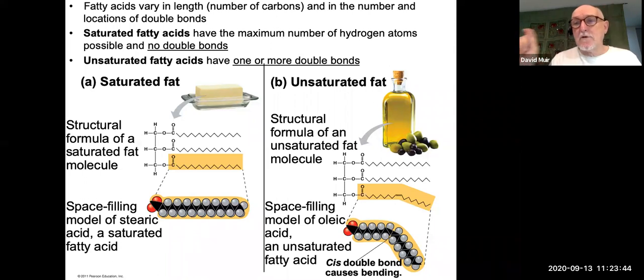So when you count it up, you see that not every carbon has every possible bond attached to a hydrogen. Instead, some of them have 2 bonds to the neighboring carbon. It does 2 things. It bends that molecule in space, but it also confers another property, and that is that they tend to be liquid at room temperature. If you want a typical example, olive oil.